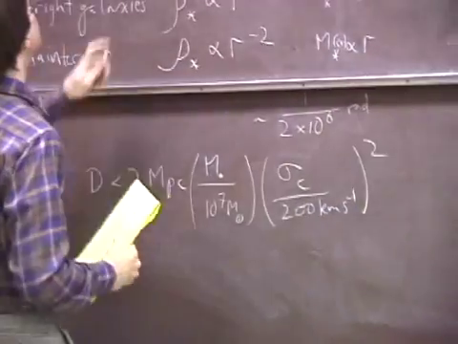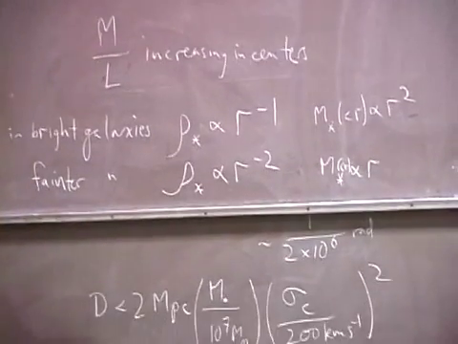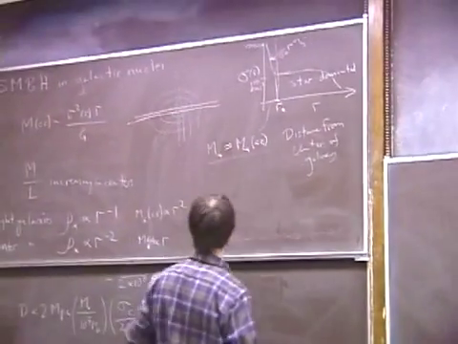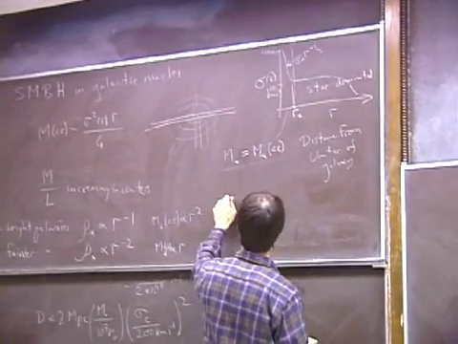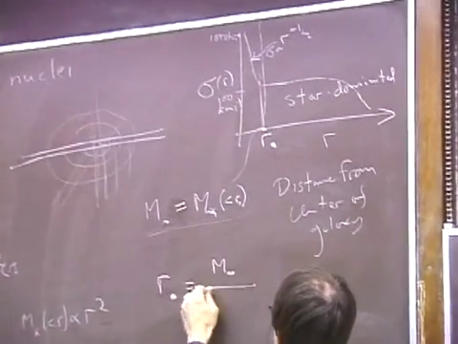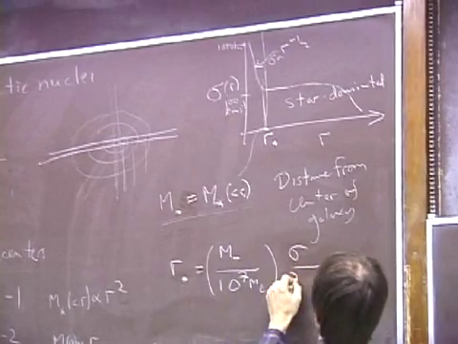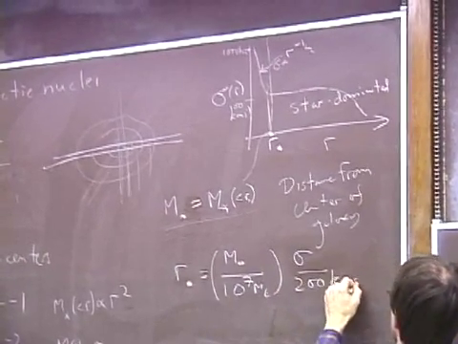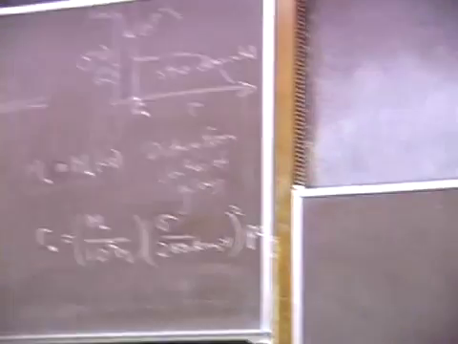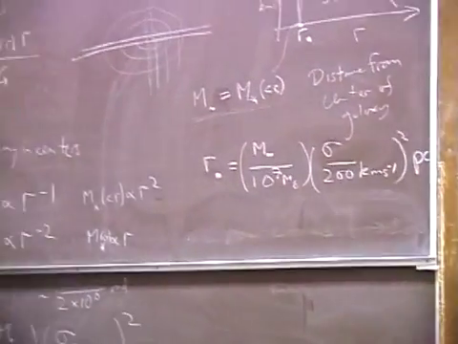And just to put in some numbers, if we substitute this expression into here, I've derived that using the result that this R black hole is then the mass of the black hole in units of 10 to the 7 solar masses, sigma over 200 kilometers per second squared, parsecs. Plugging this into here.